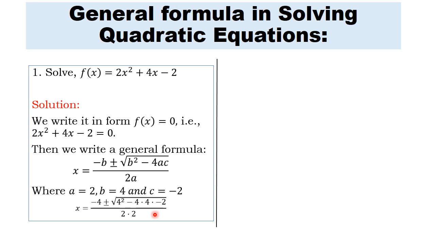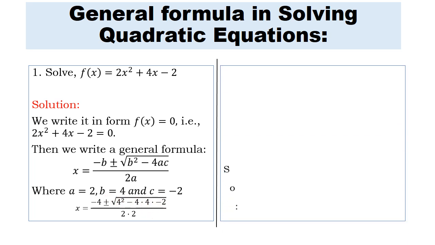So if we simplify over here, we're going to get the value of x is equal to this expression. Our expression now is -4 plus or minus under root 16 plus 32.